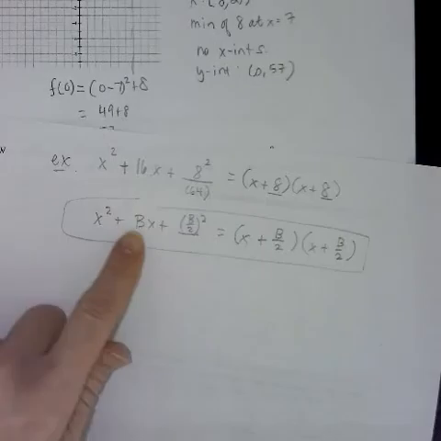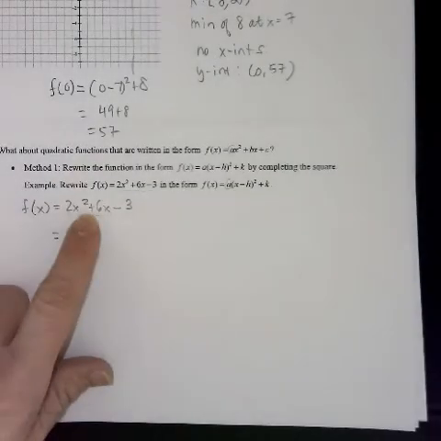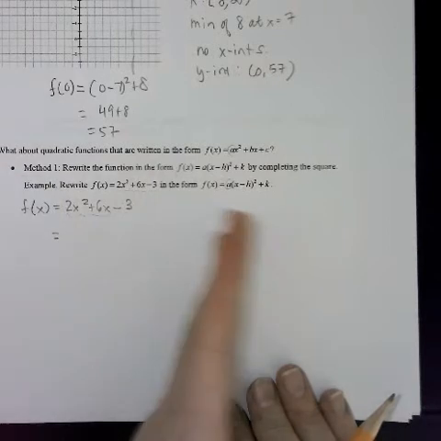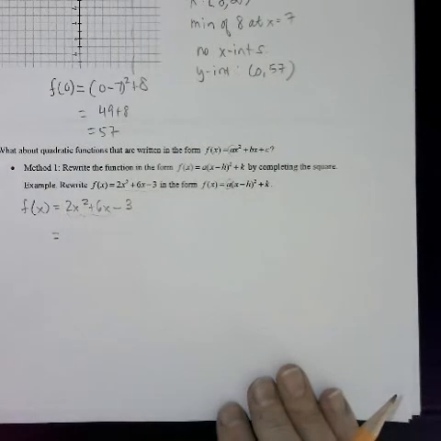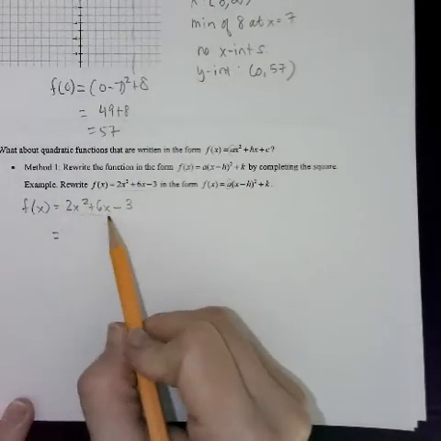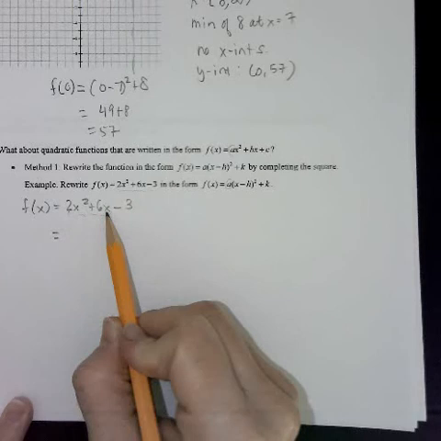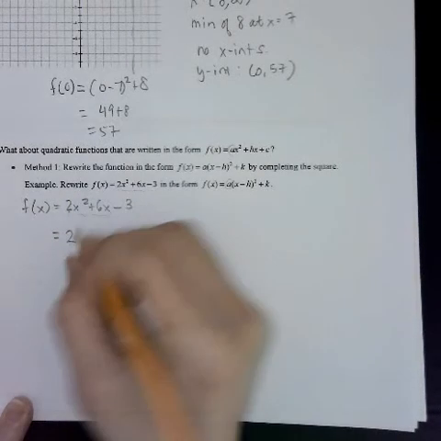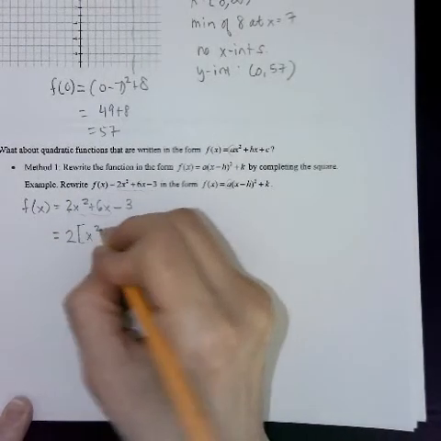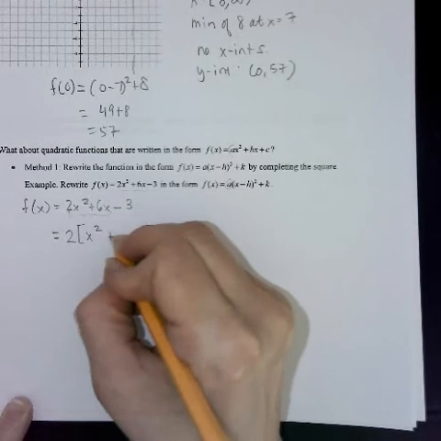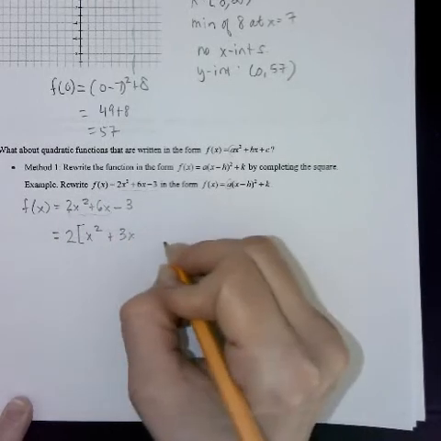The negative 3 is going to be outside of that completing the square process. The problem with this is the 2 makes it so we're not ready to complete the square. So what we're going to do is factor a 2 out of these two terms. And then inside the parentheses, we get x squared plus 3x. This is where we're going to complete the square, inside here.